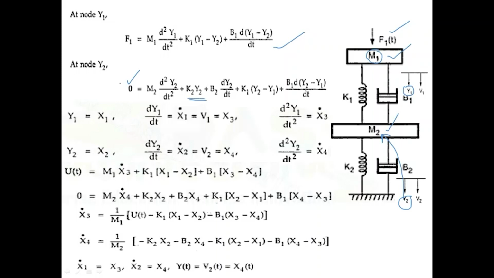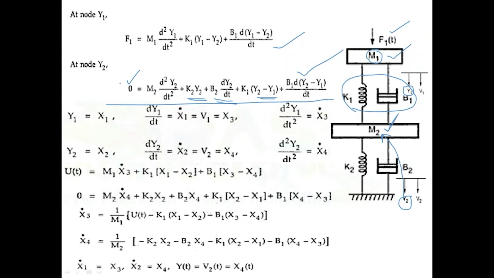Then you must write k1 and b1: k1 into y2 minus y1, because we are taking with respect to m2, so the m2 displacement must come first, plus b1 d of (y2 minus y1) by dt. I hope that these two expressions we have already studied in unit 1. This is expression number 1. This is expression number 2.